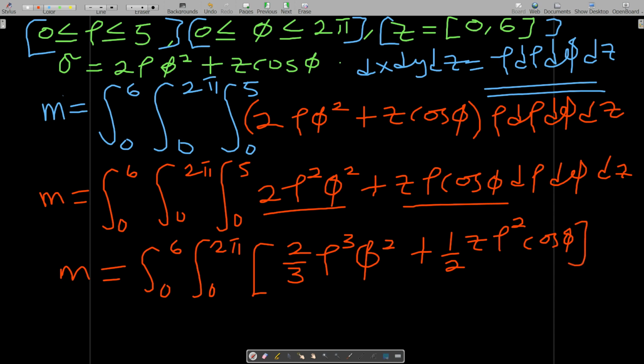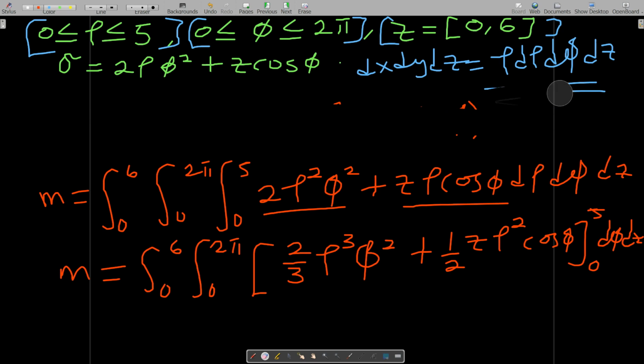So from the phi, the z. So we have been able to do it for rho. Rho is from 0 to what, 5, okay. So let's simplify it and put it back in our mass problem, okay.